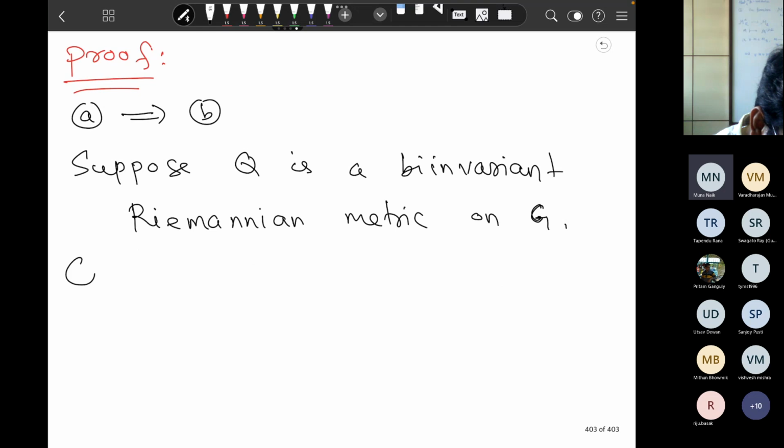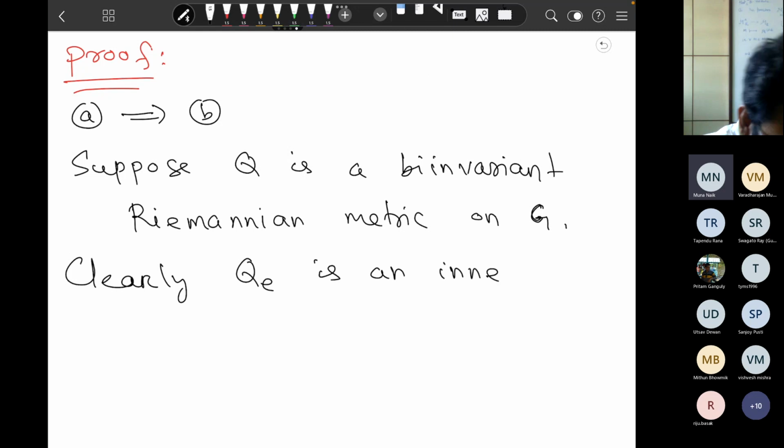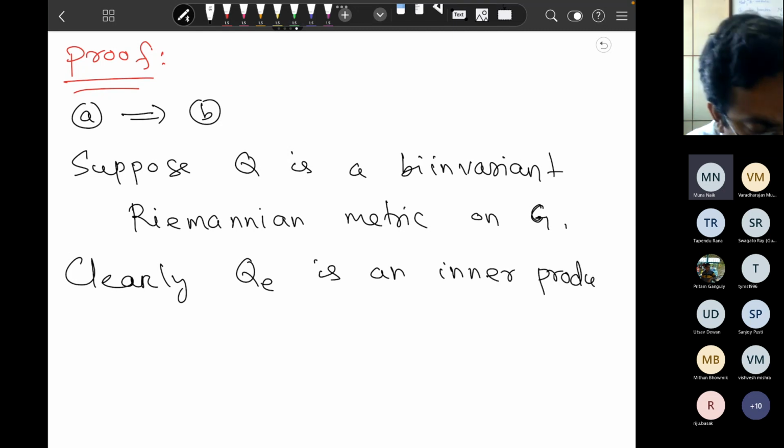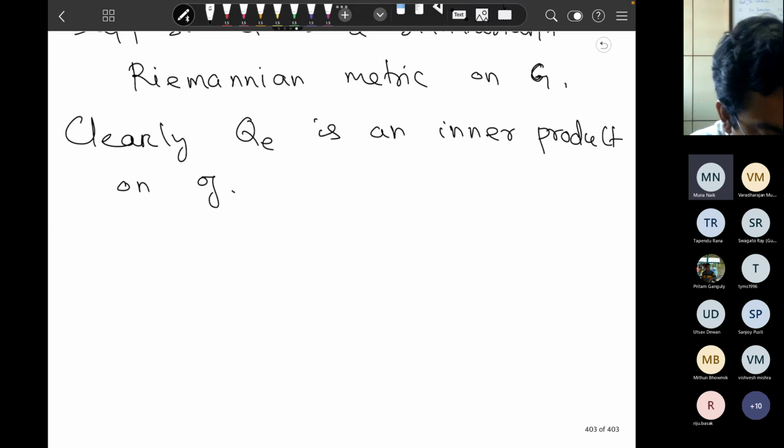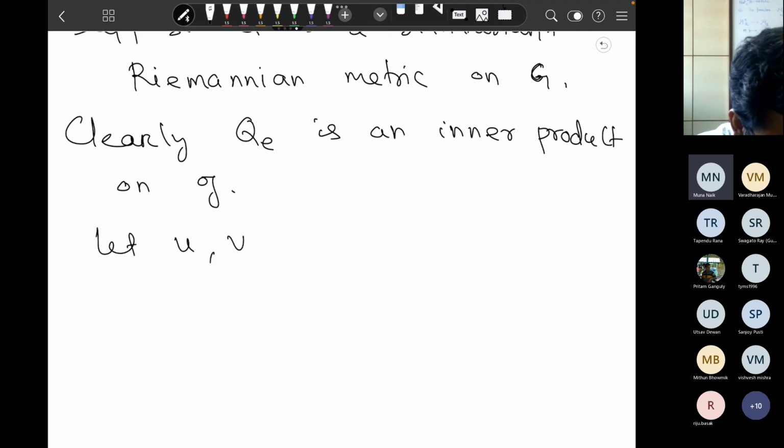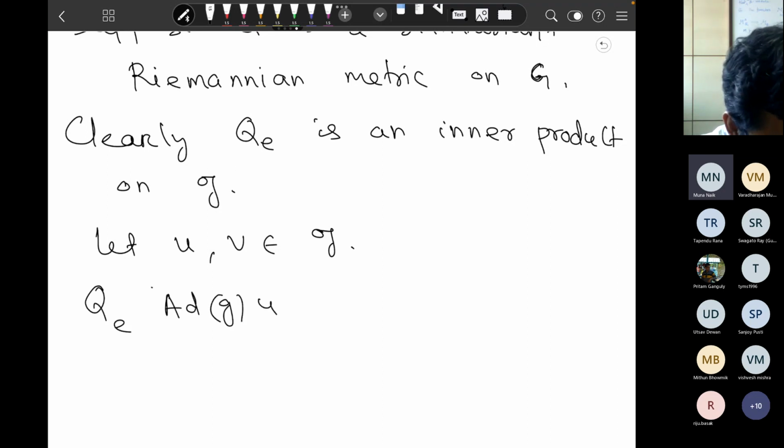So clearly Q_e is an inner product. You have to show that Q_e is Ad(G) invariant. So let g belong to G, then Q_e of Ad_g(u), so Ad_g(v).